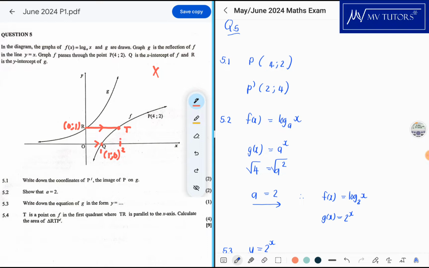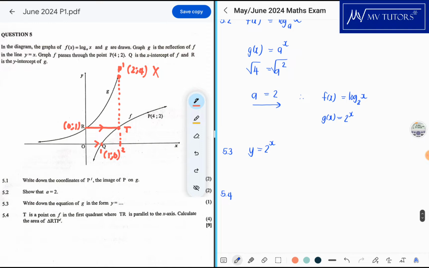And if we take that line upwards, we get P prime. So P prime is probably somewhere there, which is (2, 4). But we need to just make sure what are the coordinates of T.